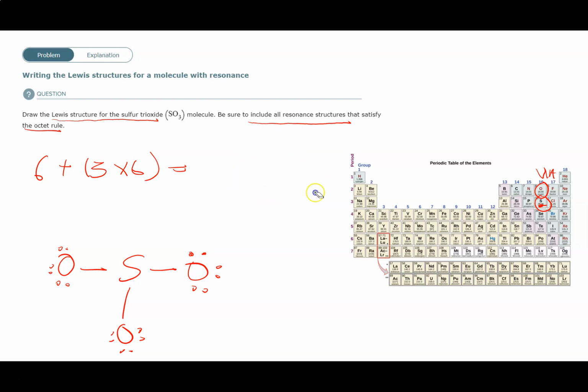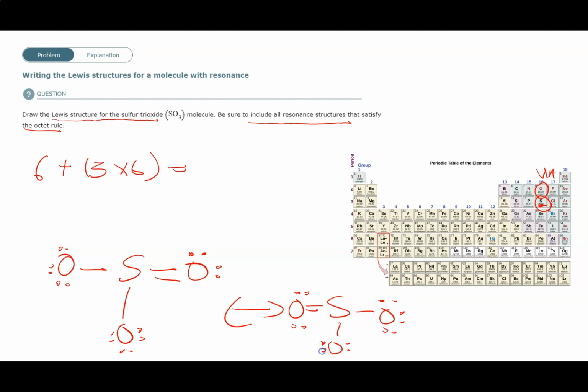You can see that there are 3 ways of doing this. I can bring them in from the oxygen atom that's on the far right. That would give me that. But alternatively, I could have brought them in from the oxygen atom that was on the left.